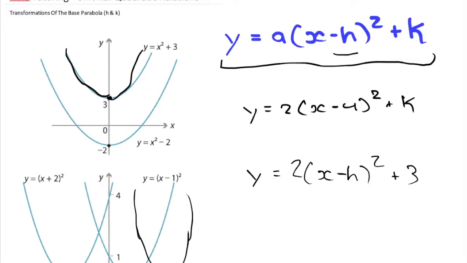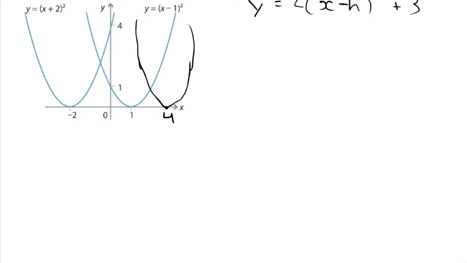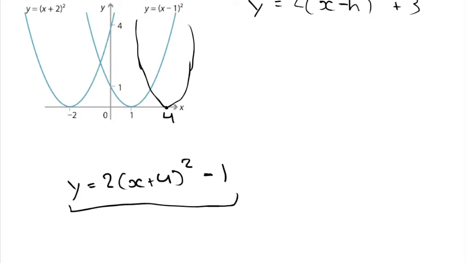Now that you know what h and k do, we can write what changes have been made to the base parabola. So say for example I have an equation that states y is equal to 2(x plus 4) squared minus 1, right? Now we can state what this equation really does to the base parabola to change it.